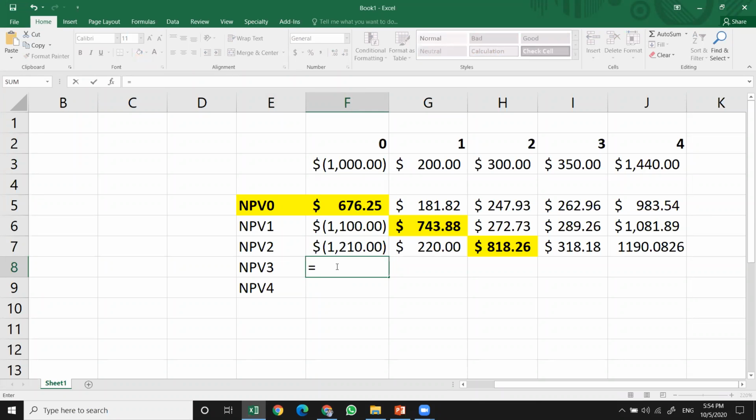So 1000, sorry, let me make it like this, 1000 times 1.1 to the power of 1, 2, 3.